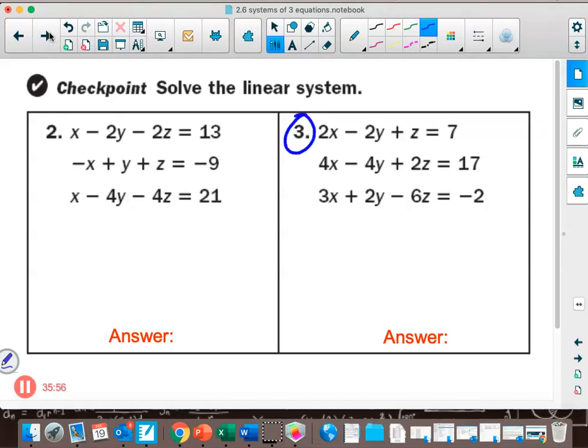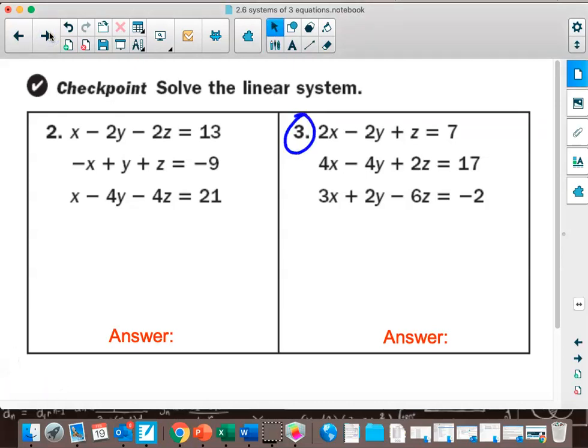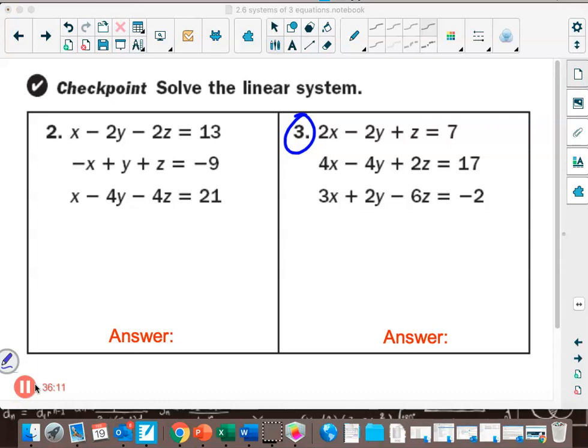We're going to do this one. I'm going to mess with you. Just start this one. See what happens. Just try it. You won't need a lot of paper for this one. What letter did you guys pick to eliminate? X. Did you do the first 2 equations?